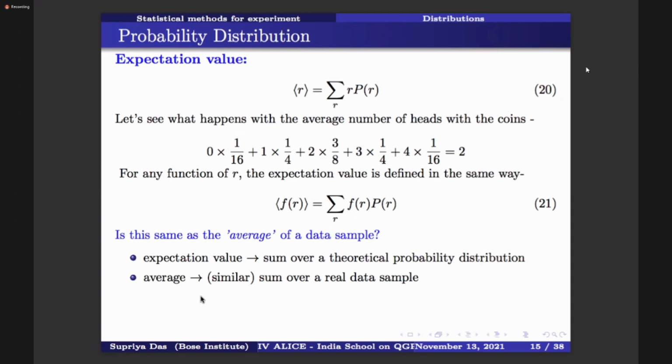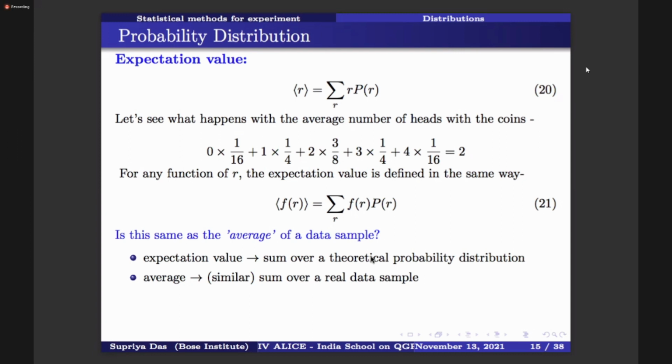However, the average is the similar sum over a real data sample. So this is where the difference is. If we deal with a theoretical probability distribution, we always talk about the expectation value. However, when we deal with a real data sample, we always talk about the average or mean, not the expectation value.